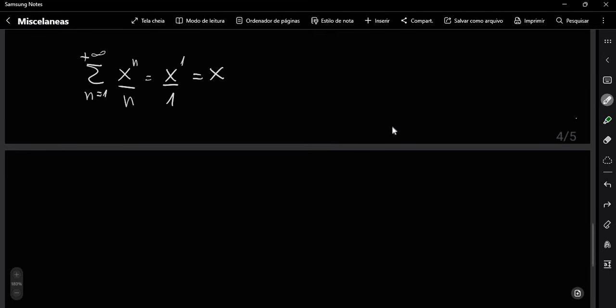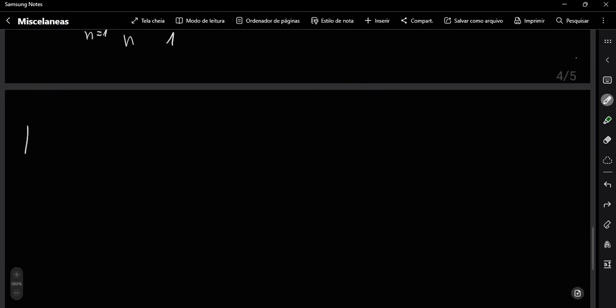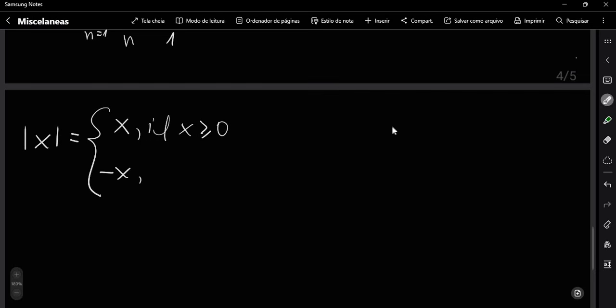Because the book doesn't make explicit how it got a converged value of x equal minus 1, but we know that the module of x is equal x if x is greater or equal 0 and is minus x if x is less than 0.